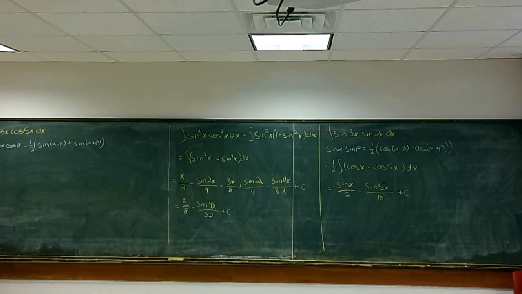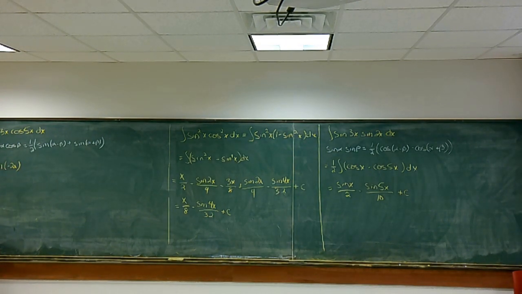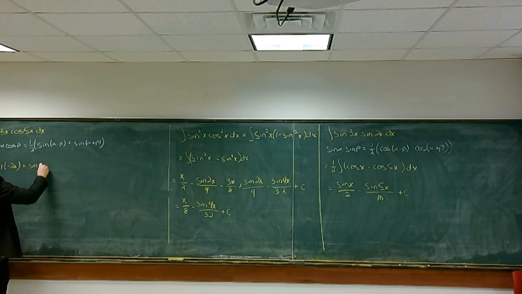So 1/2 times sine of 3x minus 5x, sine of negative 2x, plus sine of 8x.